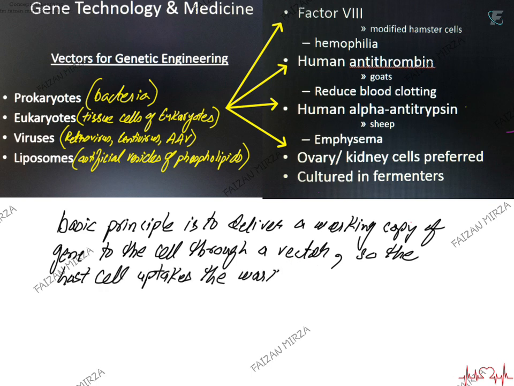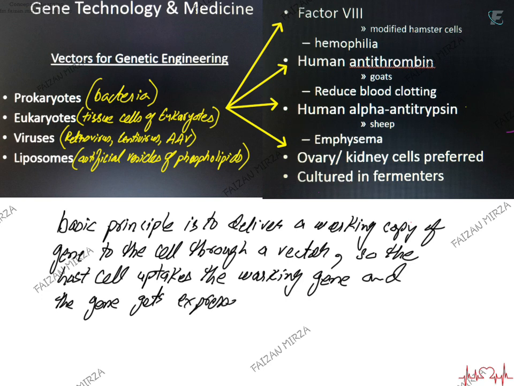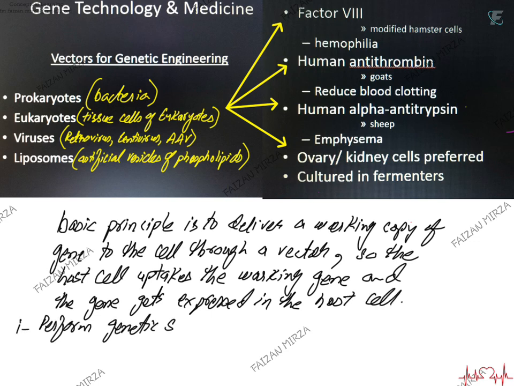The host cell takes up the working gene, and when the working gene is incorporated into the genome of the host cell, the gene ends up getting expressed. And when the gene gets expressed, the polypeptide of that particular trait gets shown in the phenotype.